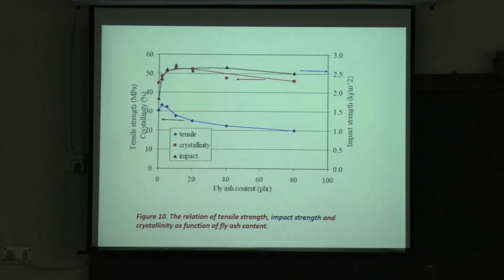It goes up very quickly up to about 10 or 20, and then it slows down. This is the impact strength, but still it does not come down. Okay, thank you.